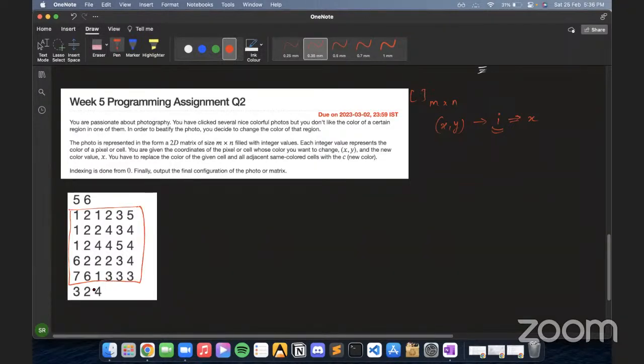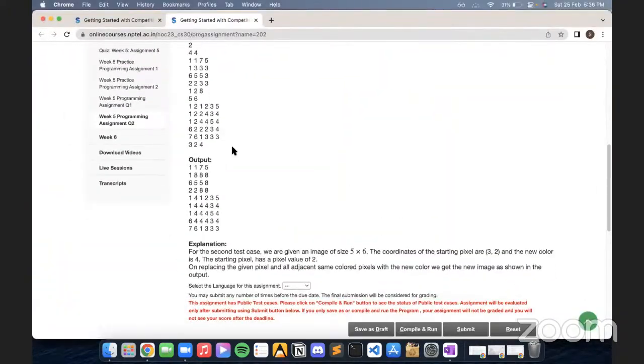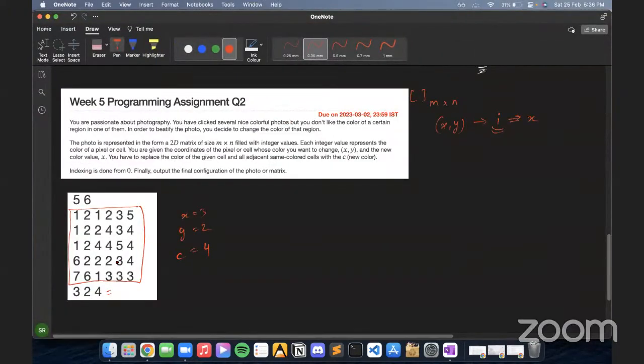X is given as 3, Y is given as 2, and the new color is given as 4. Now, what is 3, 2? 1, 2, 3, so 3, 3, 2. 3, 2 is basically this index.